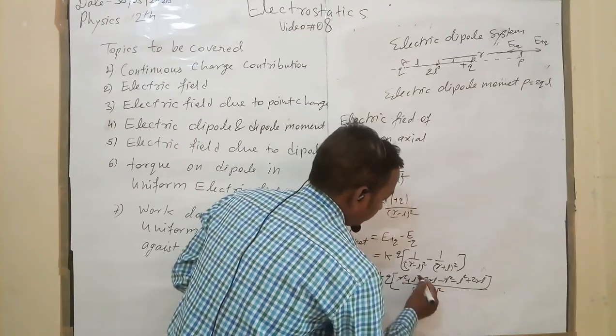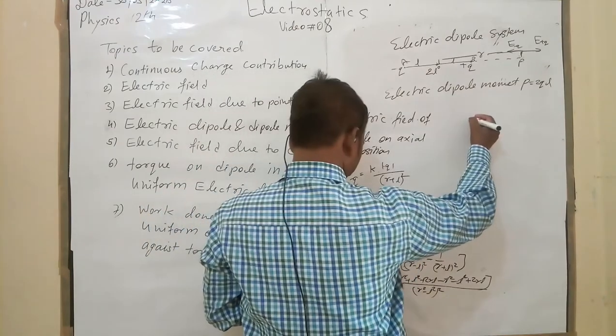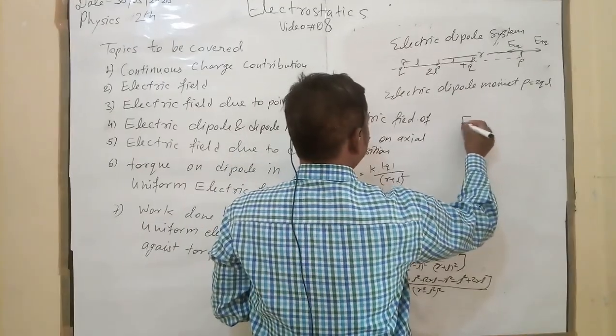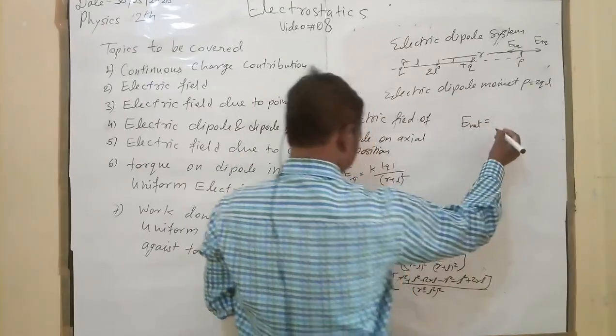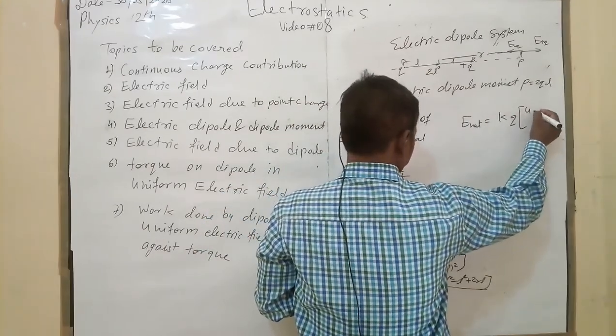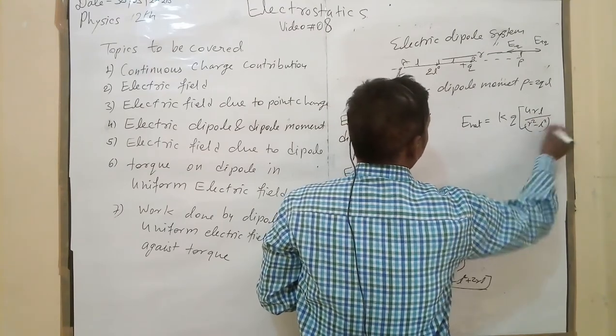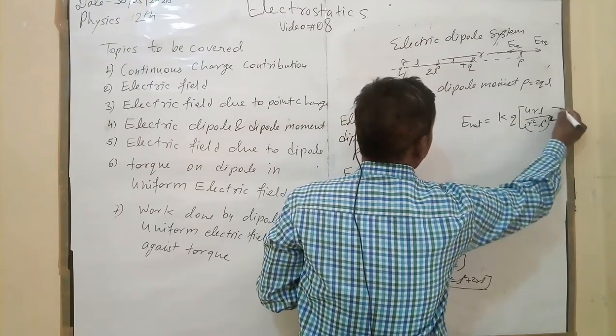So this value will cancel. We have only E net equal to K times Q 4RL upon (R square minus L square) whole square.